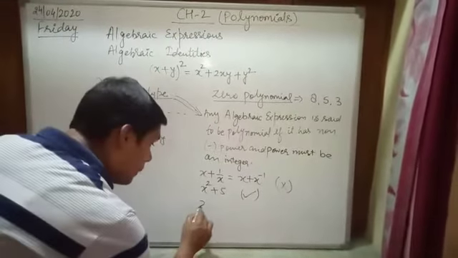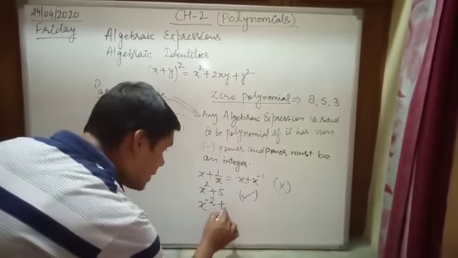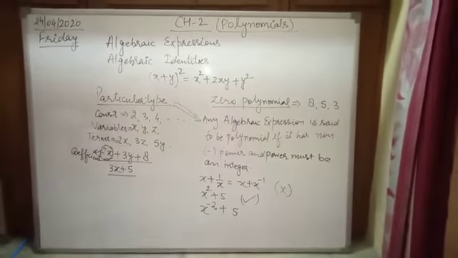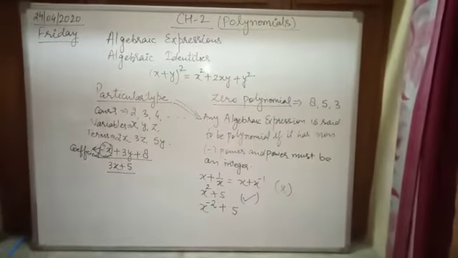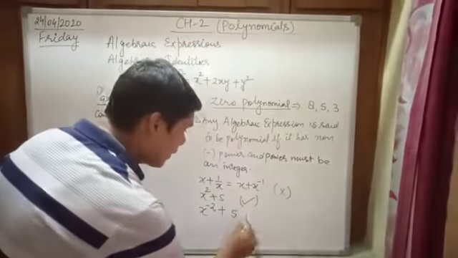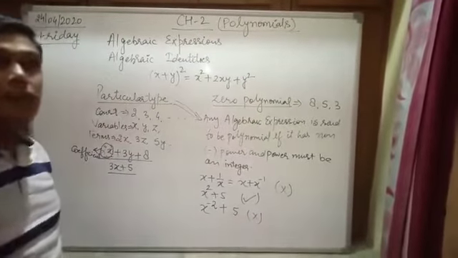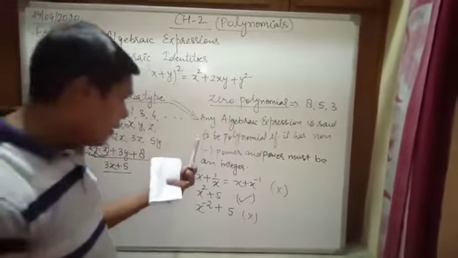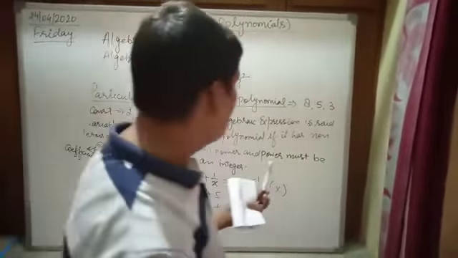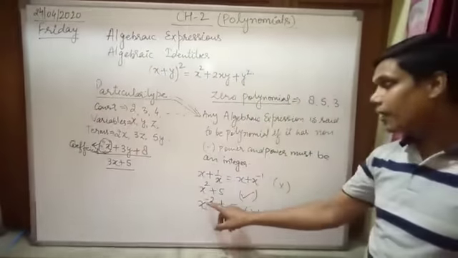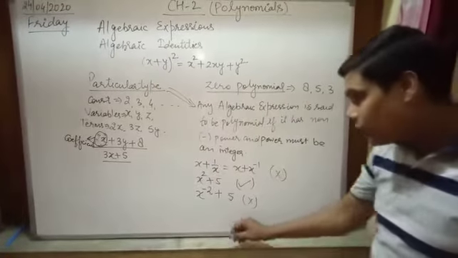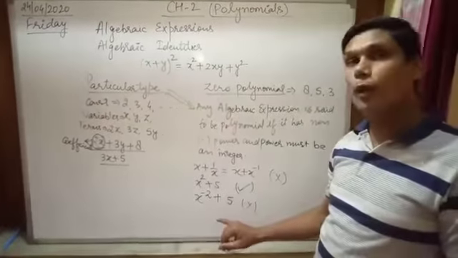If I am taking x raised to the power minus 2 plus 5, again it is not a polynomial because it does not satisfy our definition of the polynomial. In the definition, again check it, we have written non-negative power. The power cannot be negative for a polynomial. So this is not a polynomial. Okay.